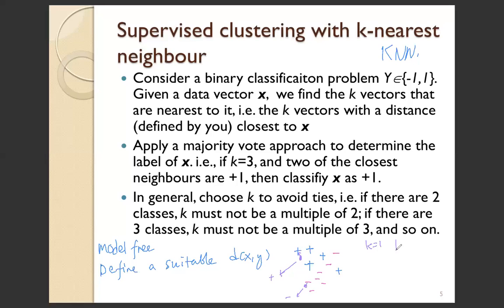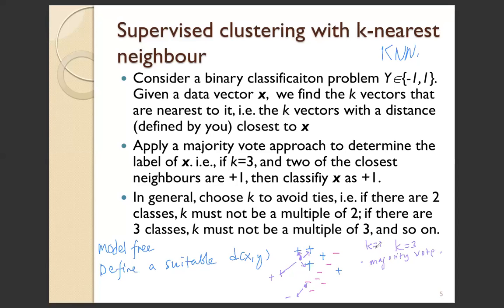And of course, you can use k equals 3. If k equals 3, it will look at the 3 nearest, which will be this one and this one. After that, you take a majority vote. If the majority says plus, then you go with plus.